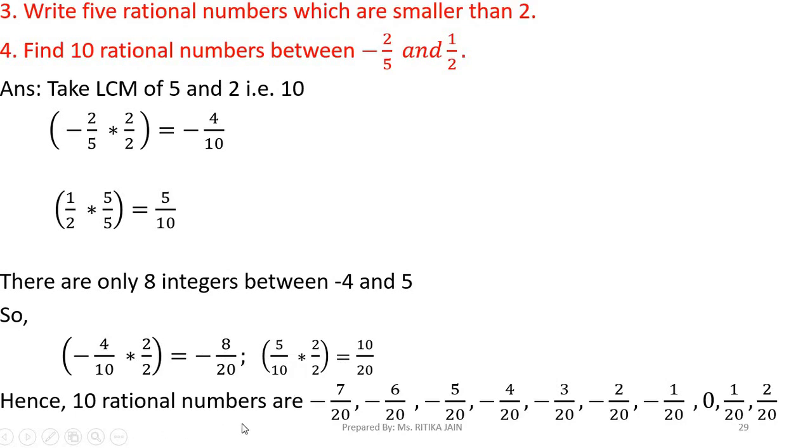So my 10 rational numbers can be any numbers in between -8 and 10. Such numbers are -7 by 20, -6 by 20, -5 by 20 up to 2 by 20. Like this you have to solve. It is not necessary that only 10 rational numbers are asked. If I ask for 15 rational numbers, the steps will remain the same.